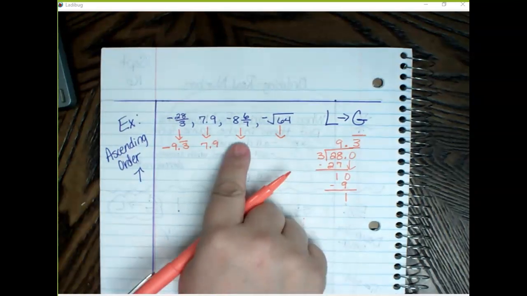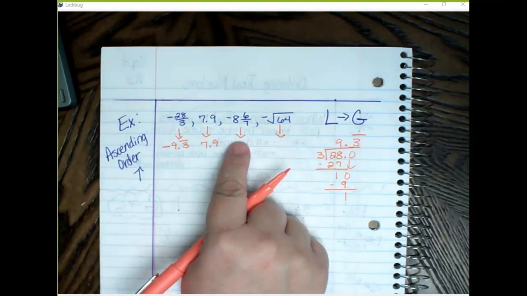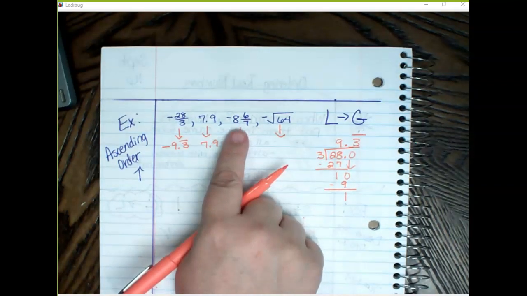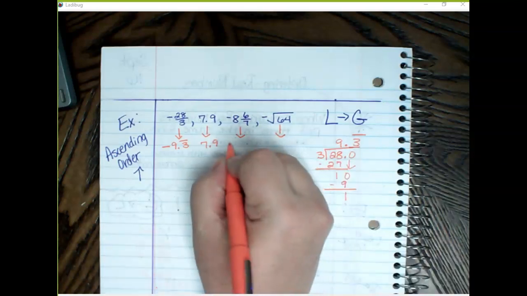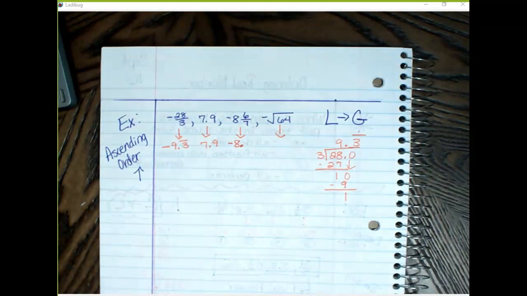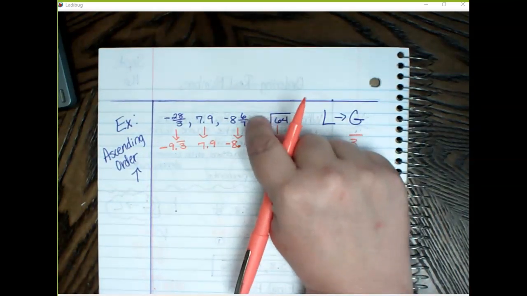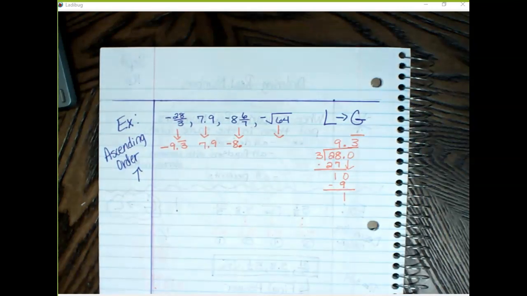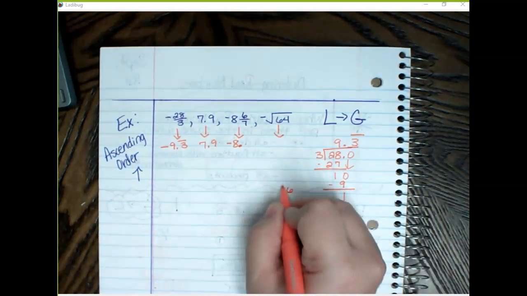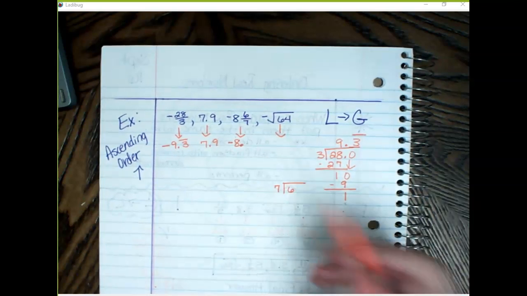The third number is a mixed number. But I already know what the whole number is going to be. What's the whole number here? Negative 8. So I can go ahead and start negative 8 point something. To figure out what that something is, I can just divide 6 divided by 7. 7, does it go into 6?